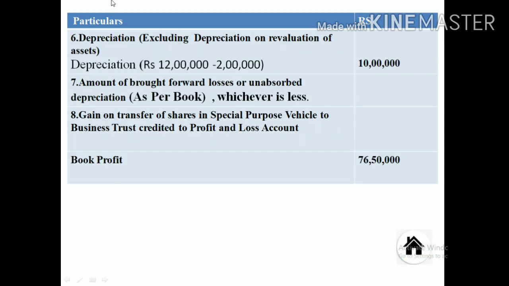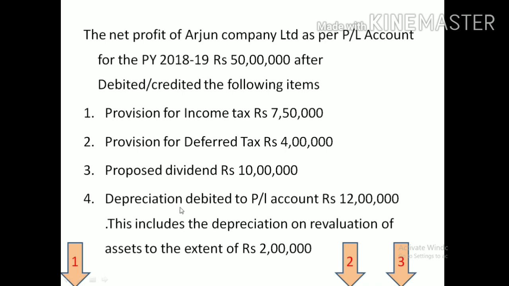Next one, depreciation, very important. When deducting, depreciation should be excluded from the revaluation. So the total depreciation including revaluation is 12 lakh. From that deduct 2 lakh, depreciation on revaluation, and you will get 10 lakh, which is depreciation excluding revaluation.